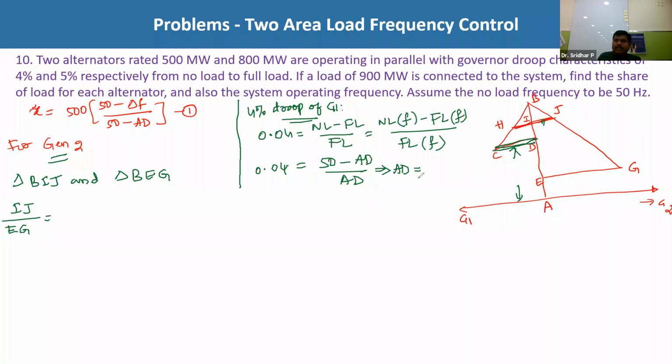Now you tell me the AD value. Please solve this one. Meanwhile, I will go to the second generator. IJ by EG equals BI divided by BE. So IJ is 900 minus X divided by EG.